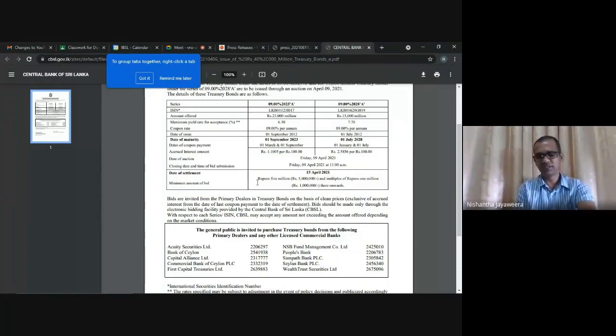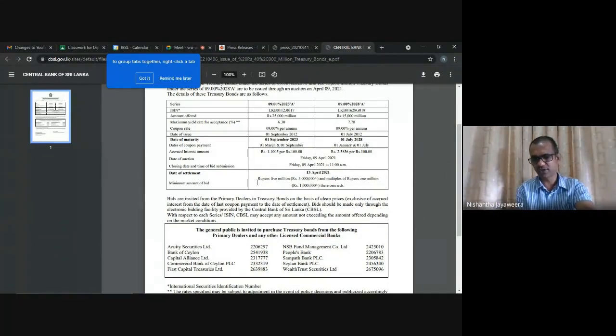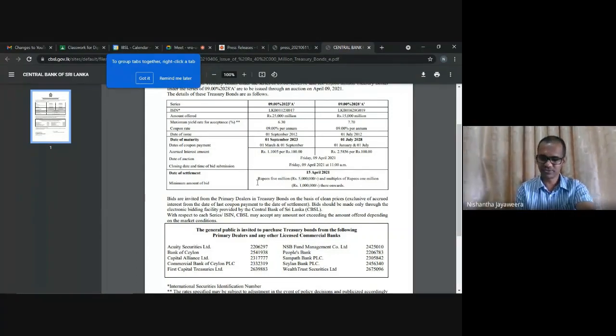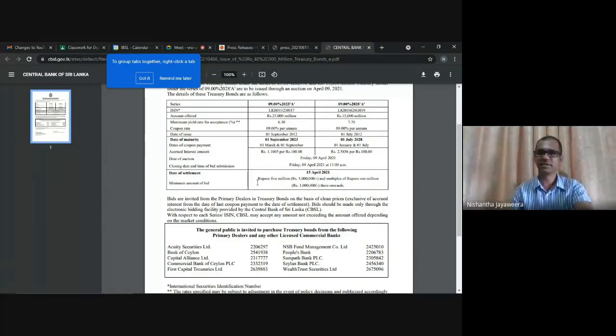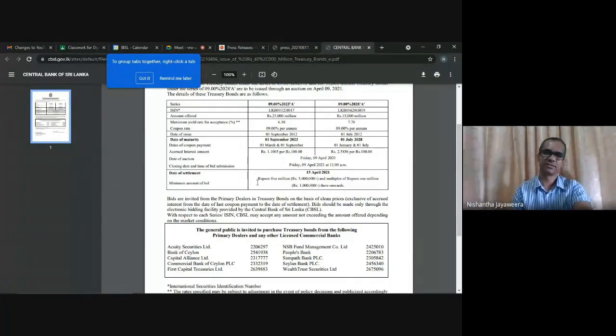So within that, you decide your yield. Then based on that yield, you calculate the price. Then you let them know this is the price that you are going to bid. They can select that bid, calculate the corresponding yield, and calculate the weighted average yield, and meantime inform you this is your price.